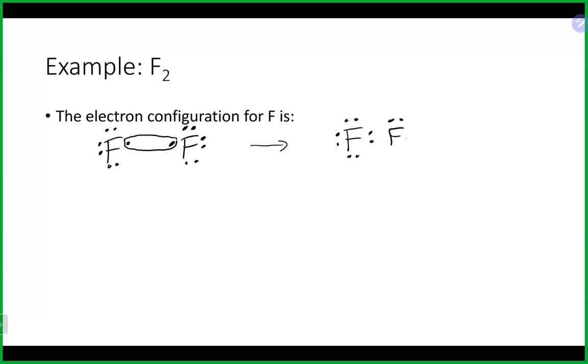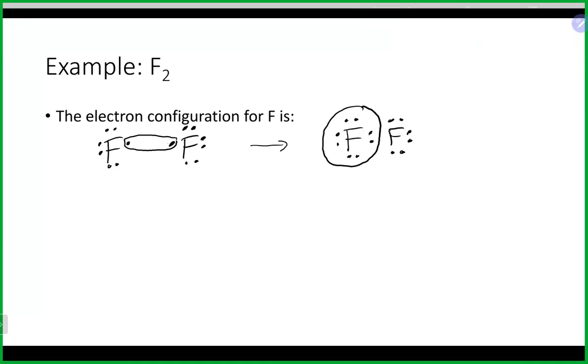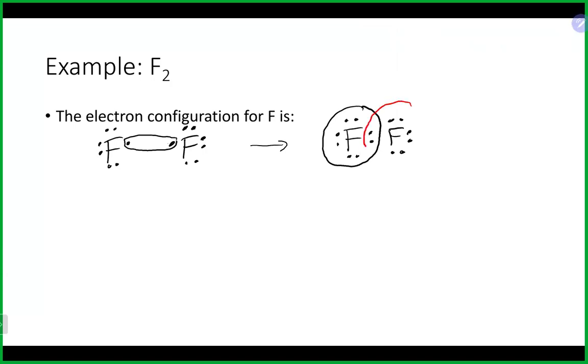Once again, you can draw it with all dots if you like. The 2 electrons in the middle count for the fluorine on the left, and the 2 electrons in the middle also count for the fluorine on the right. Now, because they are sharing those electrons in the middle, the fluorine on the left ends up with how many total electrons?